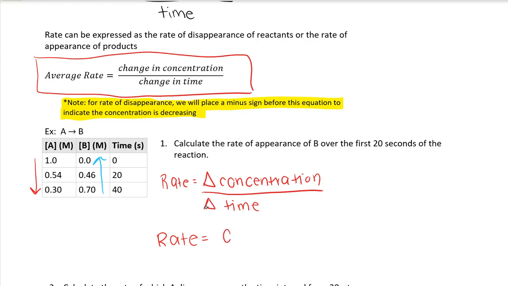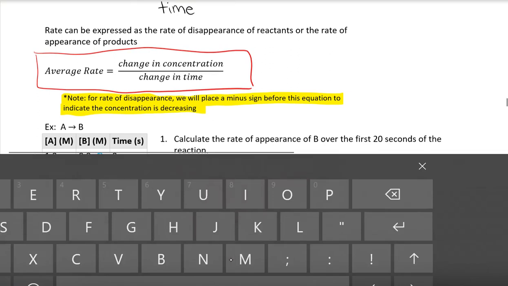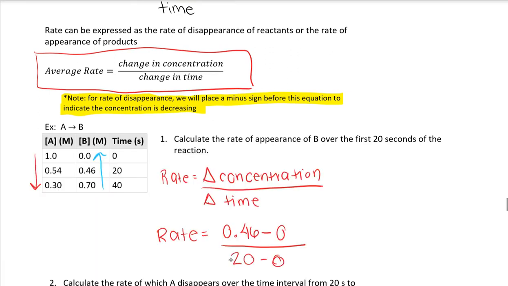So at 20 seconds, the concentration of B is 0.46 molar minus the concentration of B at 0 seconds, which is 0 molar. All right, I can calculate the change in time by taking the final time minus the initial time.